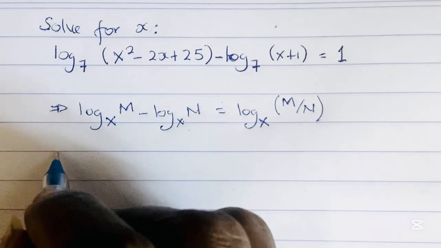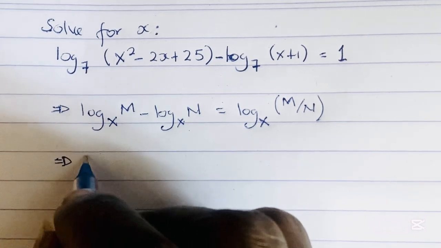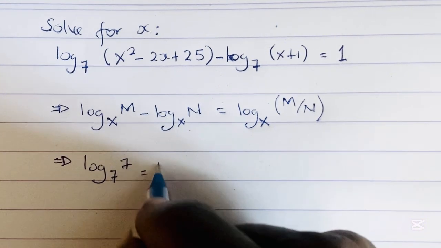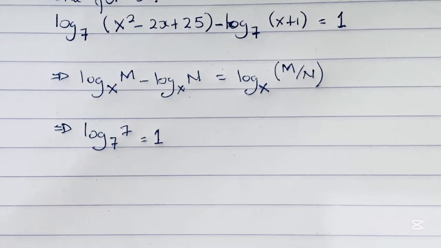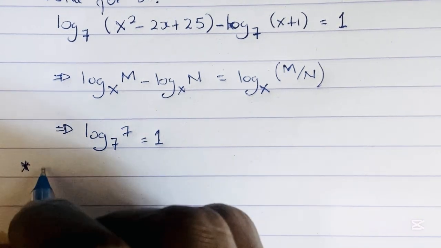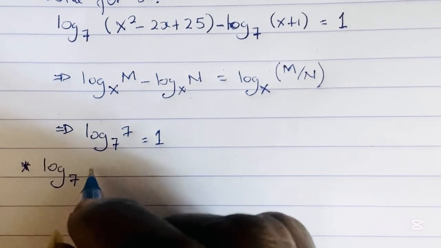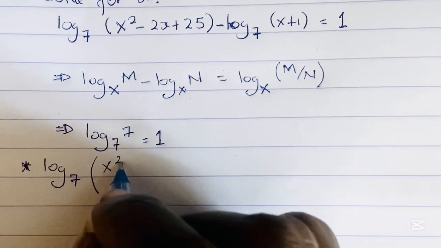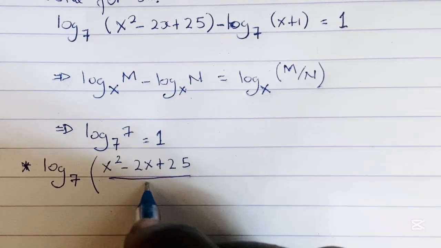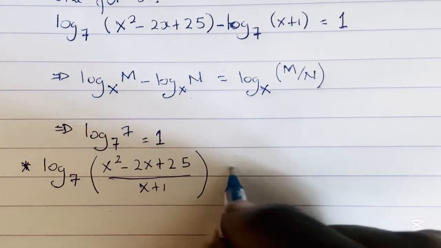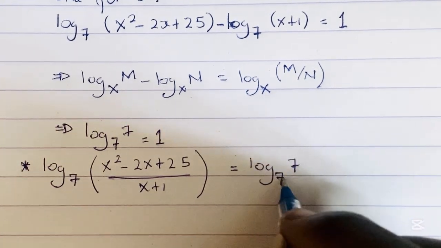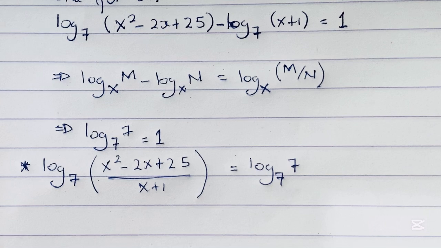Then next, since we are dealing with log 7, log 7 of 7 is equal to 1. So from our equation we shall have log 7 of (x squared minus 2x plus 25) over (x plus 1) is equal to 1, which is the same as log 7 of 7, since we are dealing with log 7.